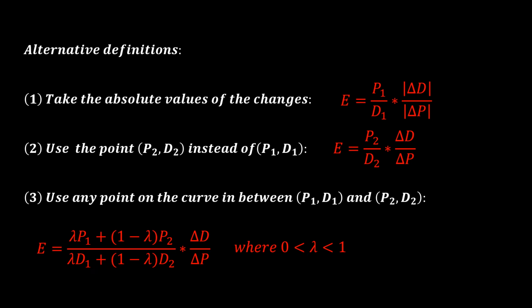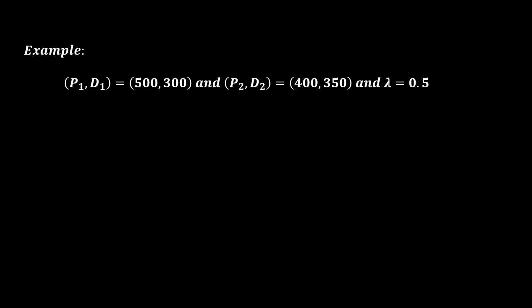And some people use a linear combination of the two points. That is, they take a point on the demand curve somewhere between P1D1 and P2D2 and use that point as the reference point to put in the formula. You will find that all of these definitions are sometimes used.